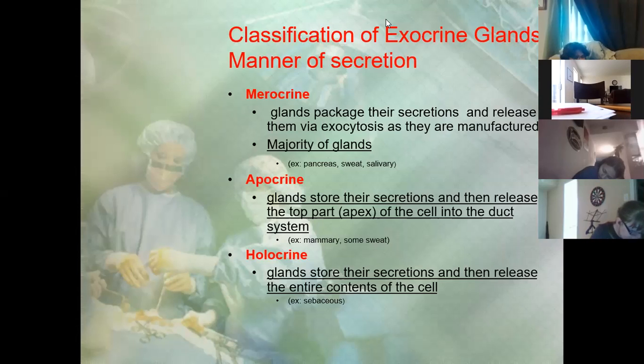In this case, we're more concerned with the exit. So if the gland has a little meerkat come out of it and nothing happens to the cells of the gland, I think of it like a meerkat: merocrine. If none of the cells are damaged and the hole is intact, merocrine, meerkat.